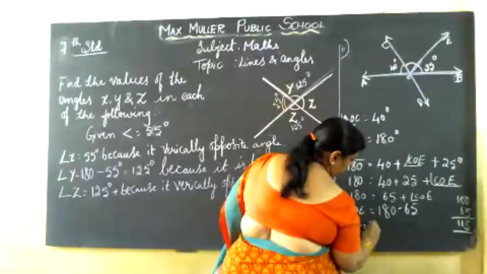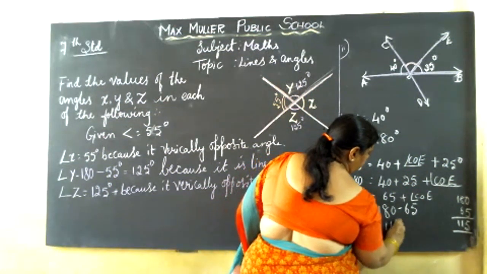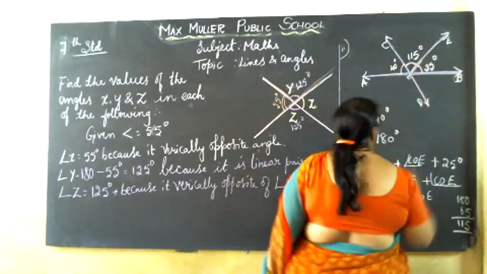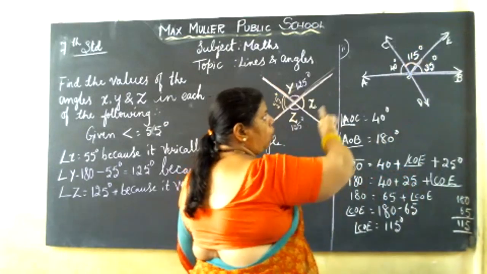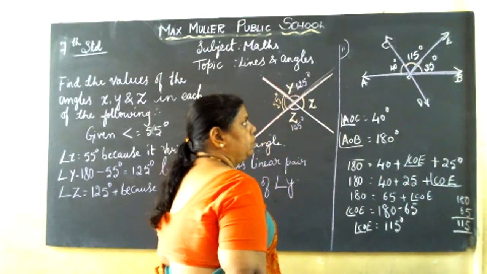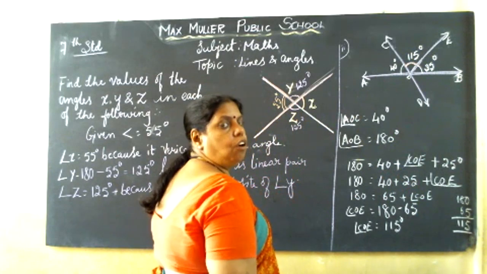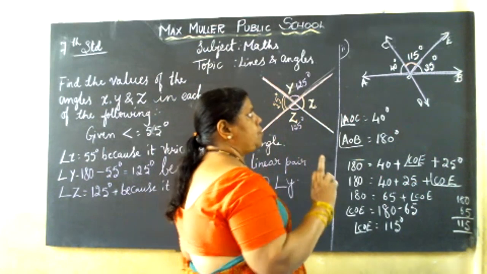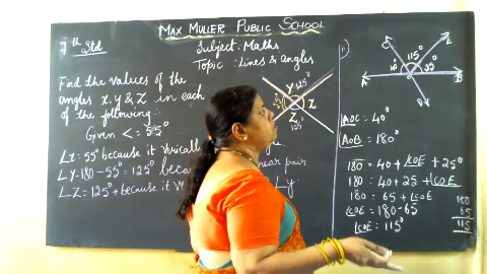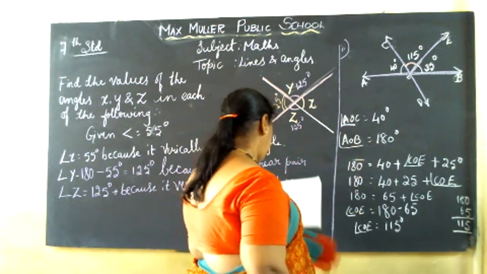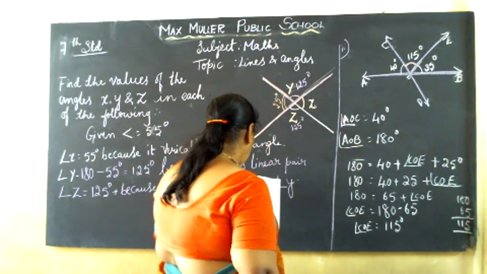Angle COE is equal to 115 degree. Isn't it? So you will get all the three angles now. Understood? All the three angles, you got it now. One is 40, one is 115, and another is 25. If you add that 3 also, you will get 180 degree.